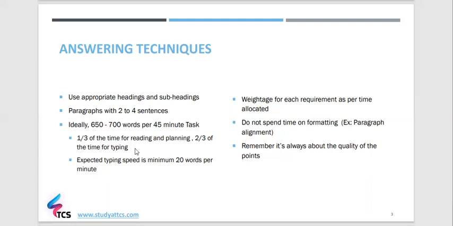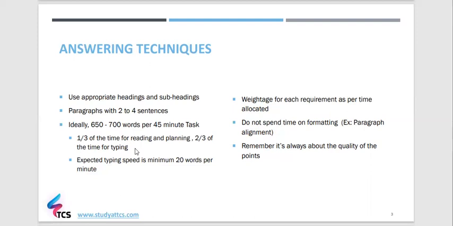Okay, and when managing your time now, as you know, CIMA is a time pressured exam. CIMA, especially the case studies, are extremely time pressured exams. So you need to know how to manage your timing appropriately. So out of the 45 minutes provided to you, 1/3 of your time should be provided for reading and planning.